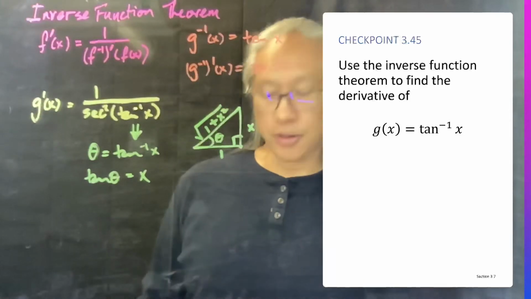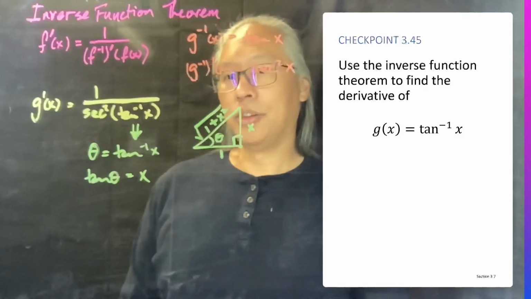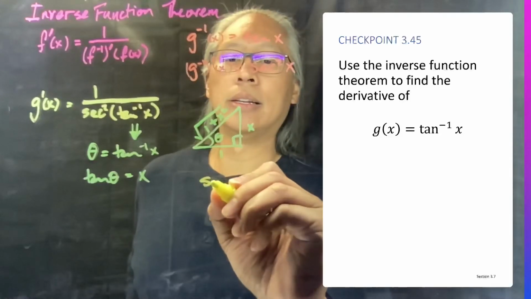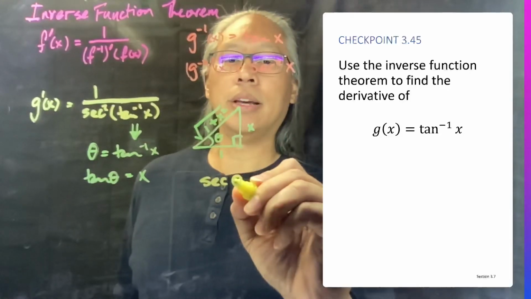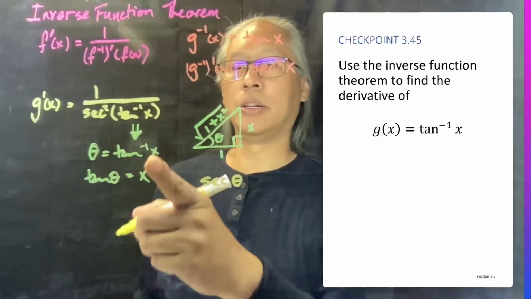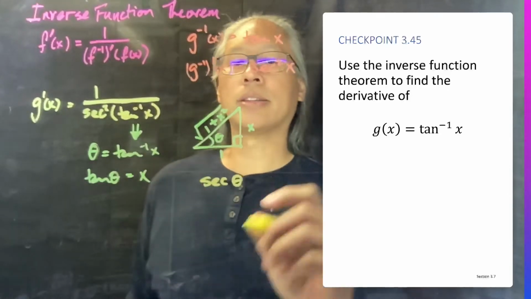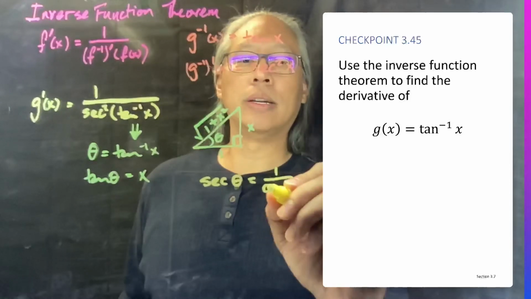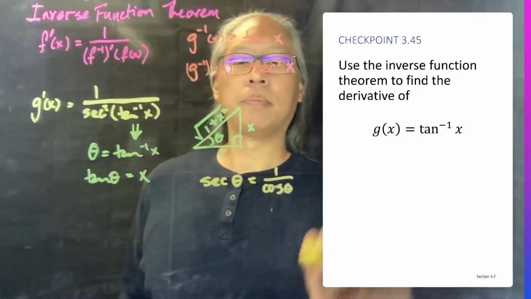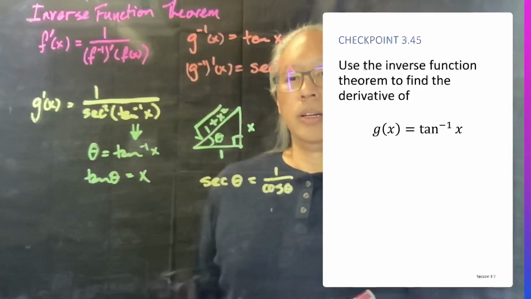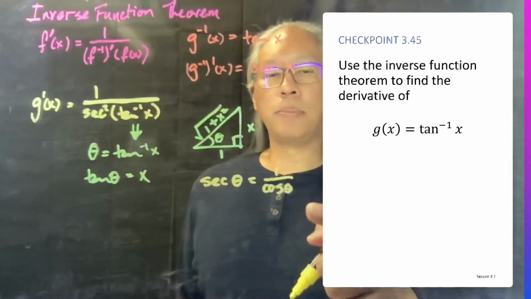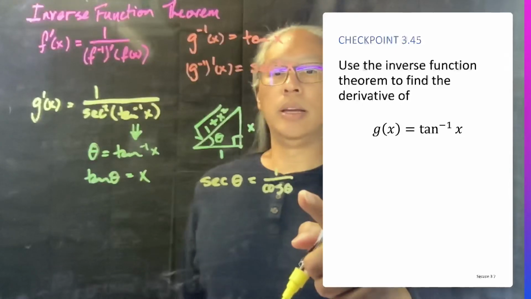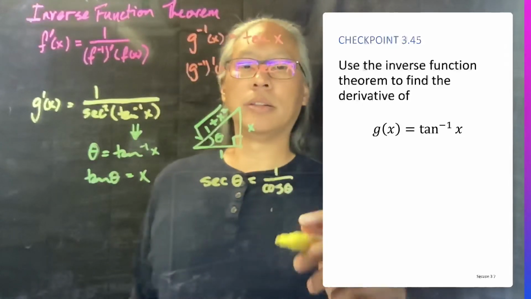Now we further dive into trigonometry and realize that the secant of some angle theta, more specifically this angle tan inverse of x, the secant is 1 over cosine, and cosine is adjacent over hypotenuse. And so the secant would be hypotenuse over adjacent.